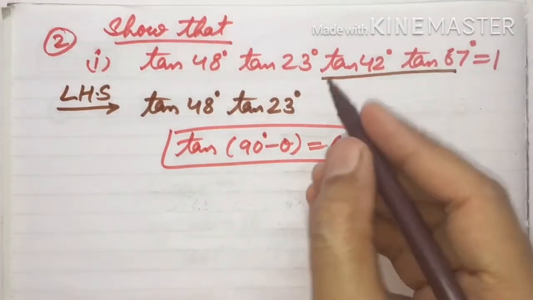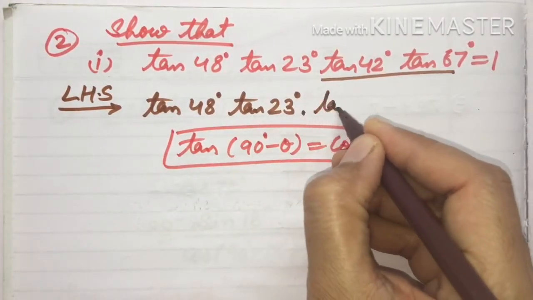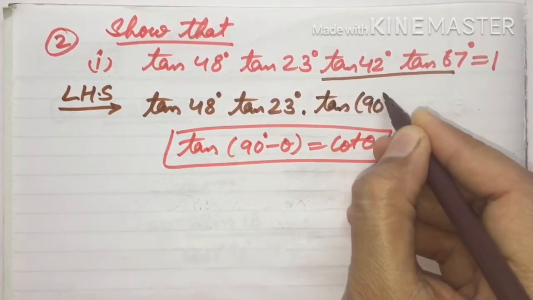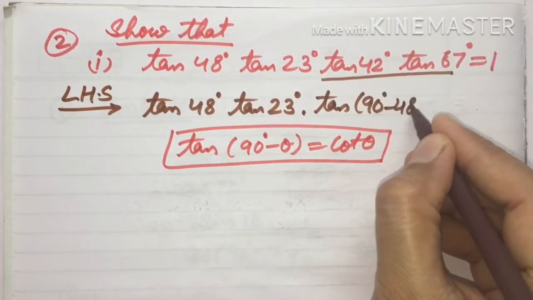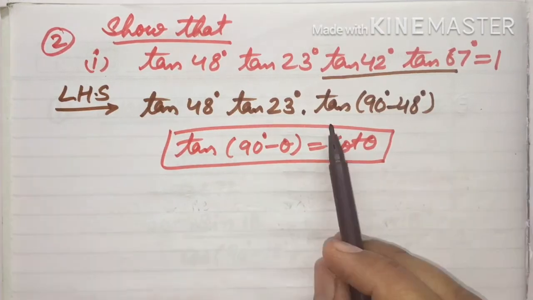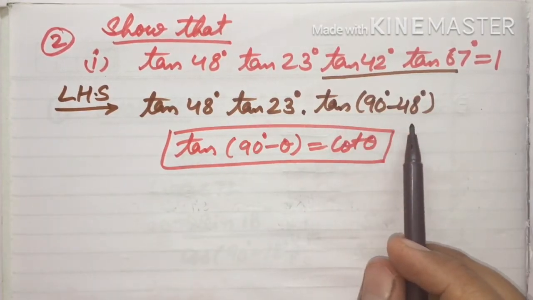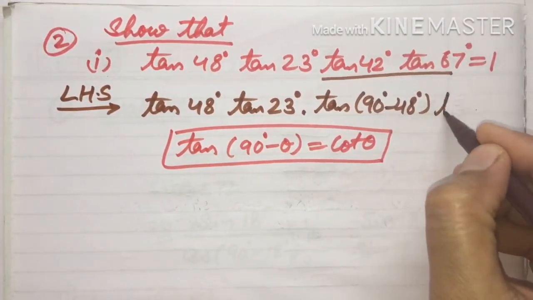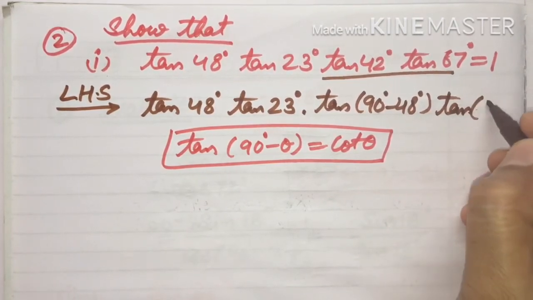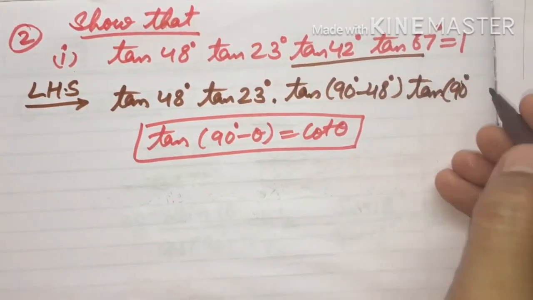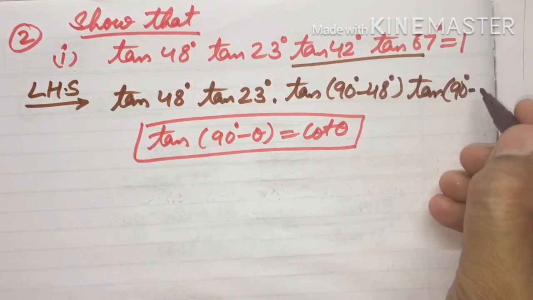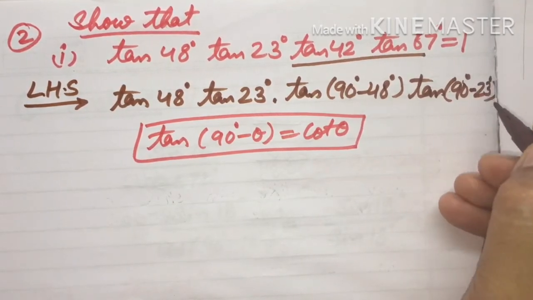So what we can write: this tan as tan(90 degree minus 48 degree), and the next tangent ratio we can write as tan(90 degree minus 23 degree).